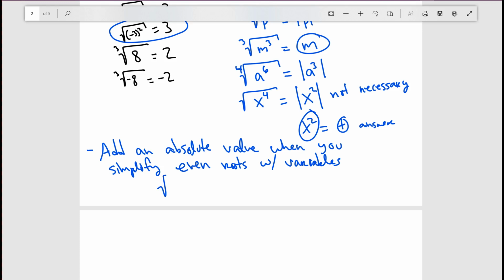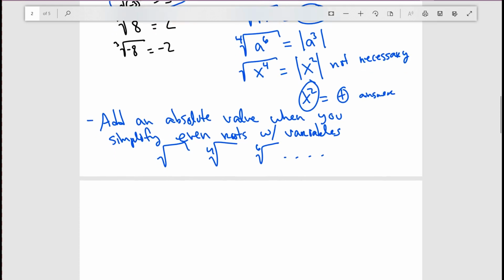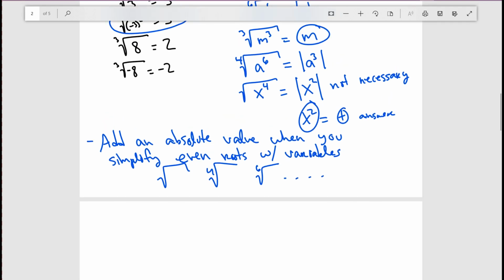So anything that has a square root, a fourth root, a sixth root, so on and so forth, and that you're taking out or you're basically simplifying, that's when you're going to add absolute value. So in the next video, we're going to do more problems like these, and I'll show you how to simplify things with variables.